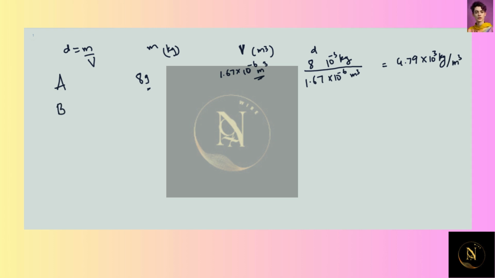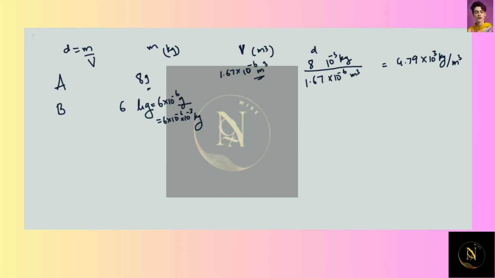Now similarly for sample B, we know that the mass is 6 microgram, which is 6 into 10 power minus 6 gram. And we know that 1 gram is 10 power minus 3 kilogram. So that is 6 into 10 power minus 6 into 10 power minus 3 kilogram.